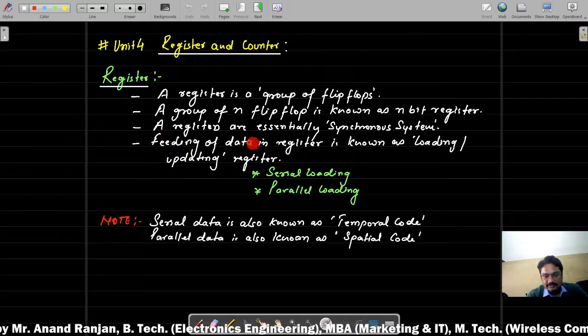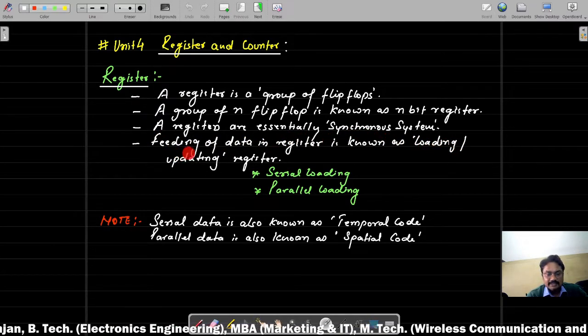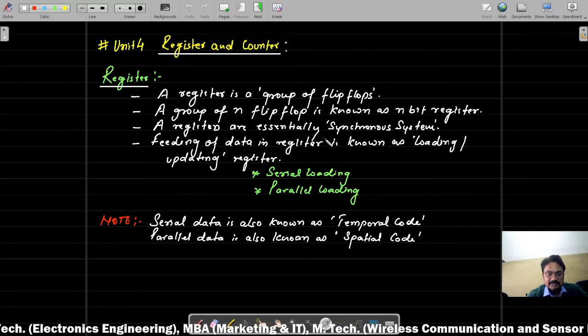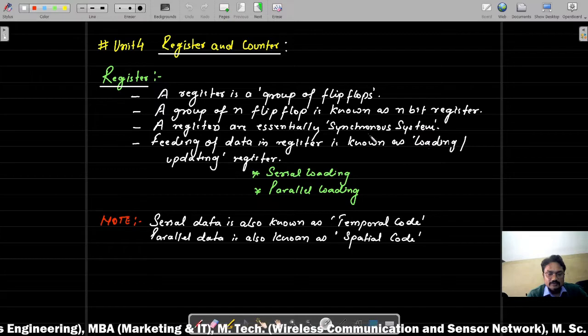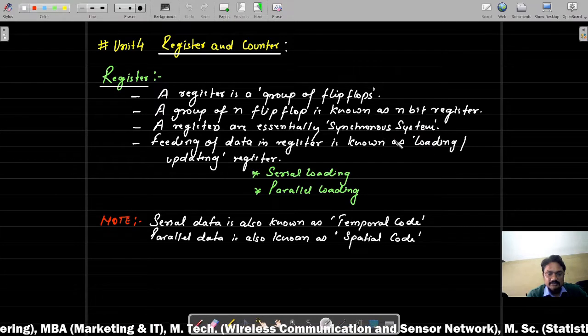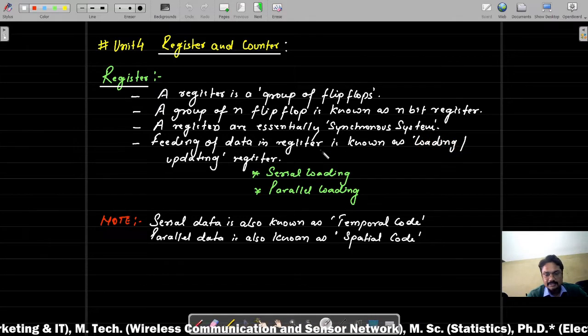The feeding of data into the register is known as loading or updating the register. Again, this is an important thing you should know. If you want to store the data, you can also say load the data in the register.